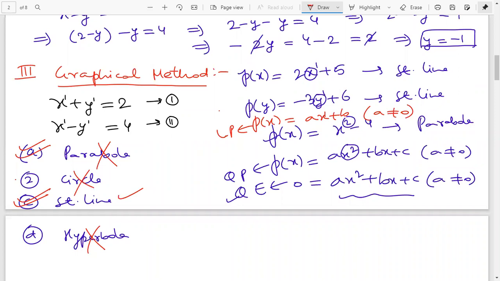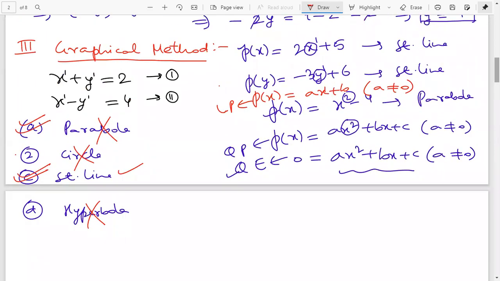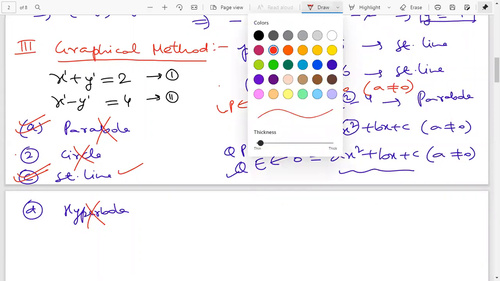Right. Now we will try to plot the graph. How can we plot it? We'll create a table, because of a property of the straight line that we know: a minimum of 2 points is needed.